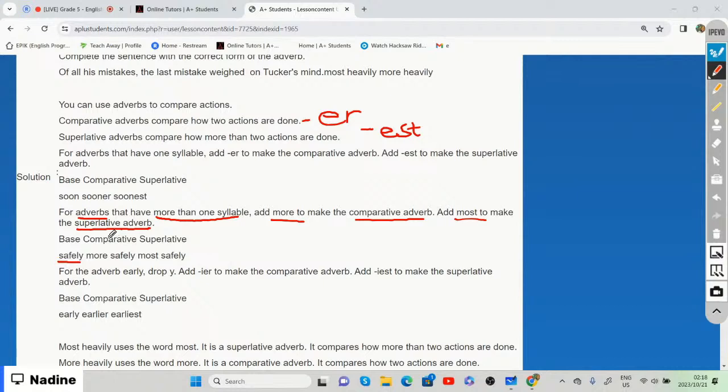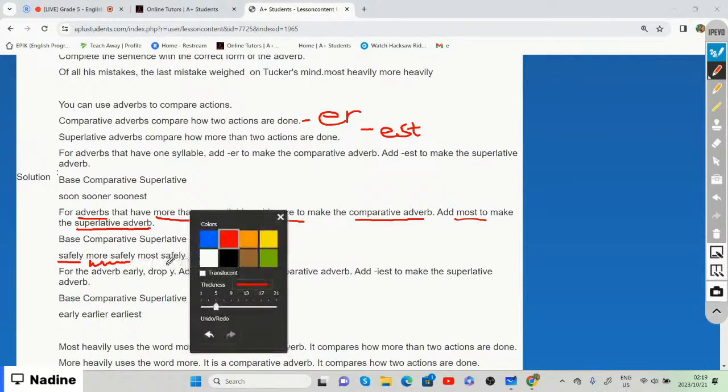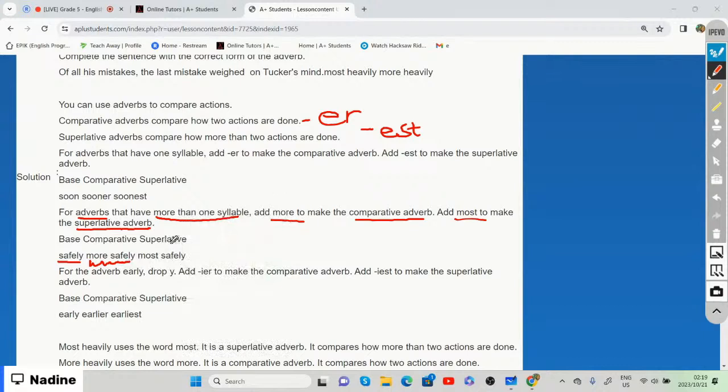If we want to show the comparative form, how two actions are done, then we say more safely, because safely has two syllables. And if we want to show how more than two actions are done, in the superlative form, then we say most safely. So we have safely, more safely, and most safely.